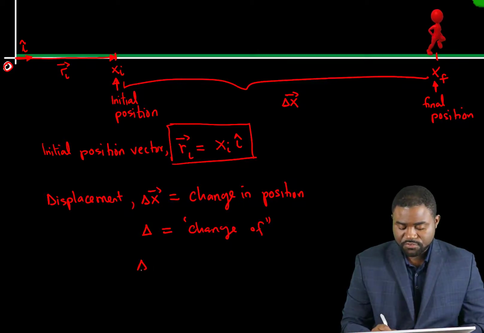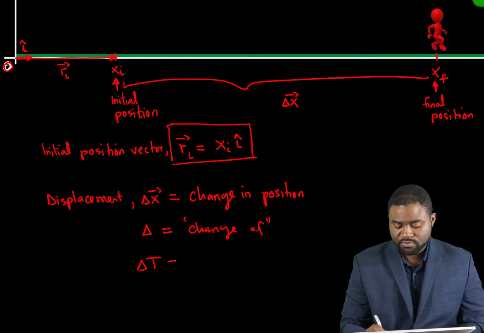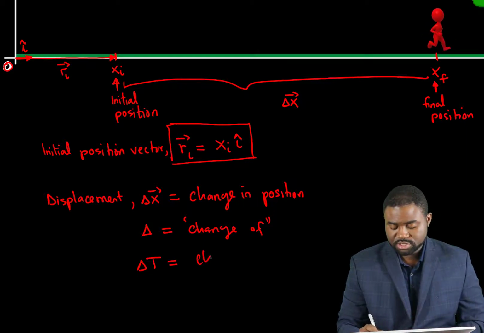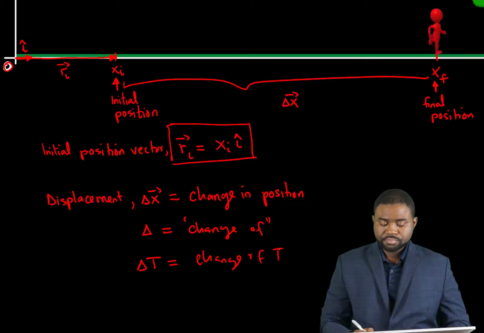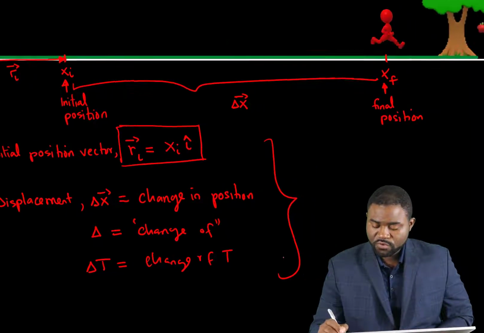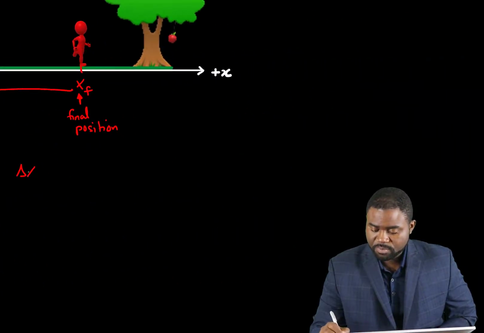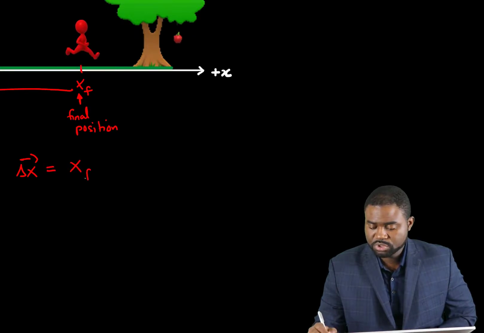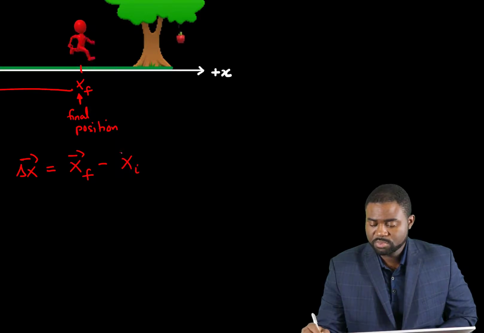So if you see the sign before anything, for example delta t, that sign means change of t. Hence, we can define the displacement delta x as his final position minus his initial position.